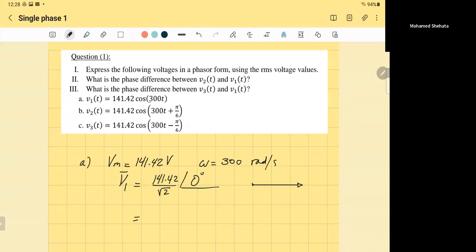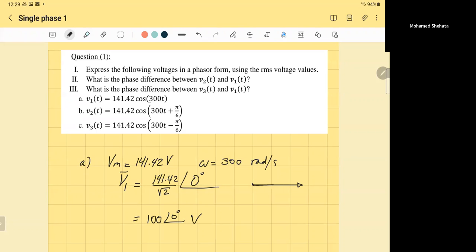So if you calculate the value, you'll say 141.42 divided by root 2, that will give almost 100. So we'll say it's equal to 100, angle 0, and the unit is volts. So the length of this phasor should be proportional to 100 and an angle 0.